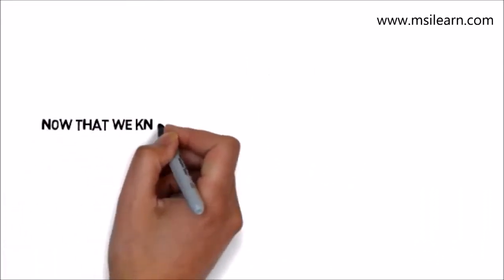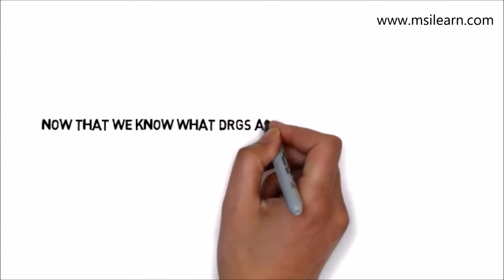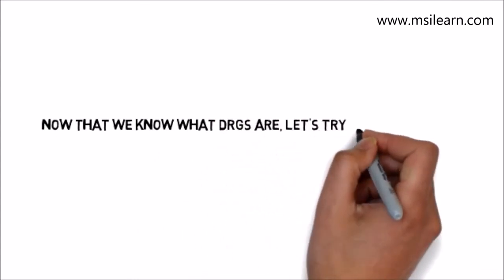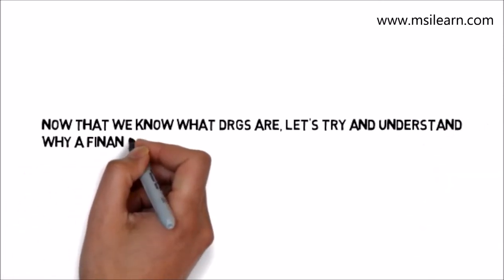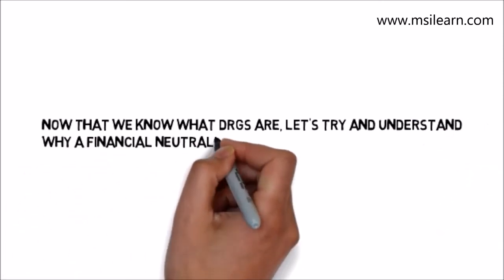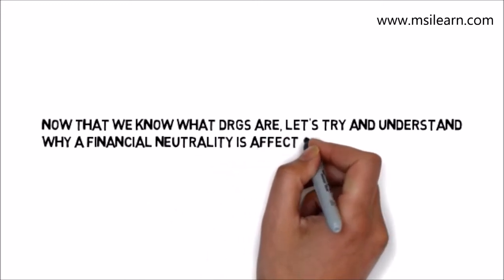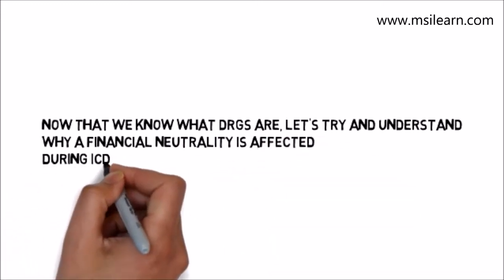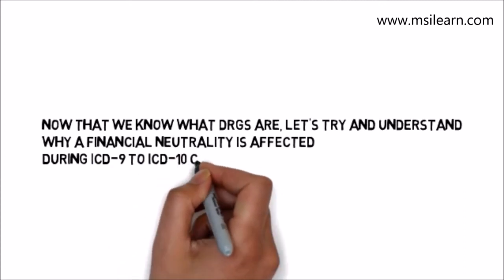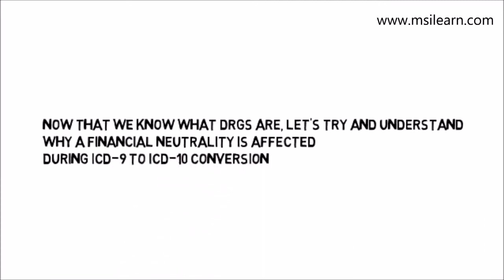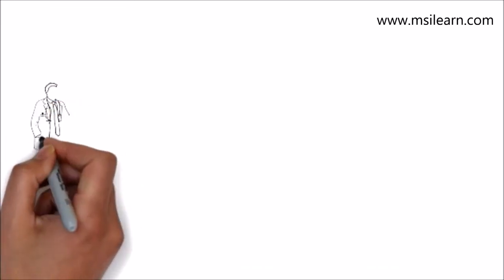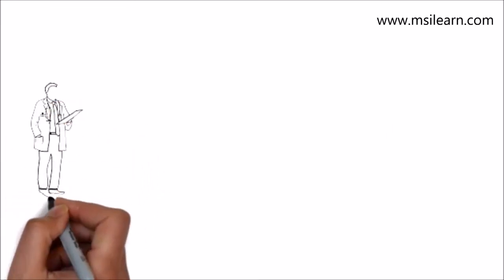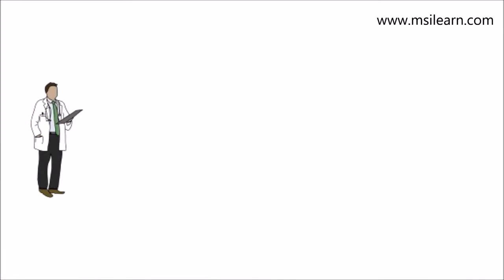Now, let's try and understand a real life scenario and why financial neutrality would be affected when we move from ICD 9 to ICD 10. So let's say a patient goes to a doctor and receives some kind of treatment related to a cranial procedure. Now this doctor, after giving treatment to this patient, submits a claim in ICD 9 code format.